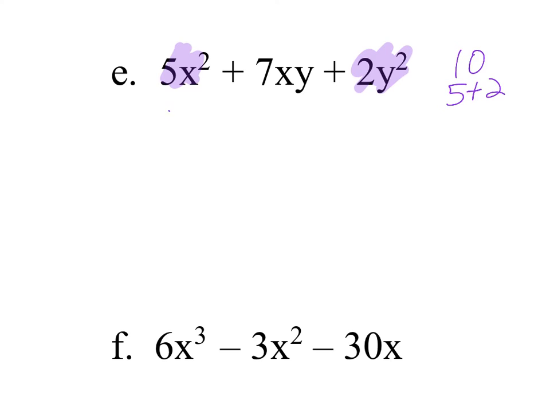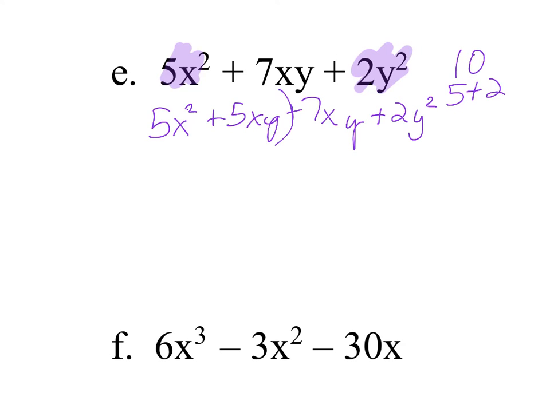So I'm going to have 5x squared plus 5xy plus 7xy plus 2y squared. Now I factor these and get out a 5x, and I'm left with x plus y.